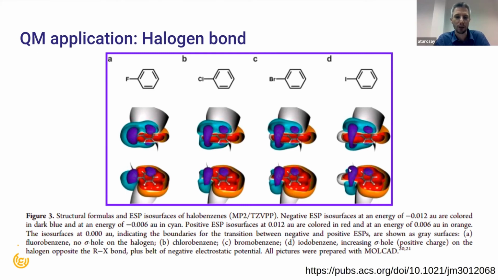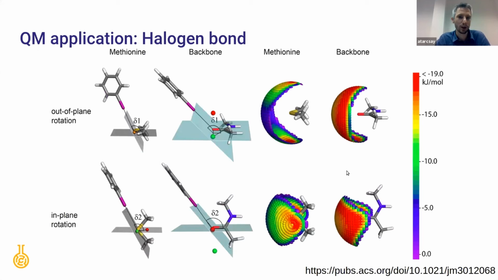Here there is a positive region, a positive charge that can interact differently with proteins, and they calculated on surrogate systems the binding energy as well, and screened all the possible configurations, with both distance and different angles, and calculated the interaction potential surface for this amide or backbone amide and methionine parts of the protein.